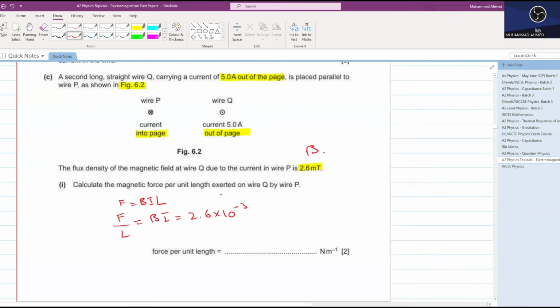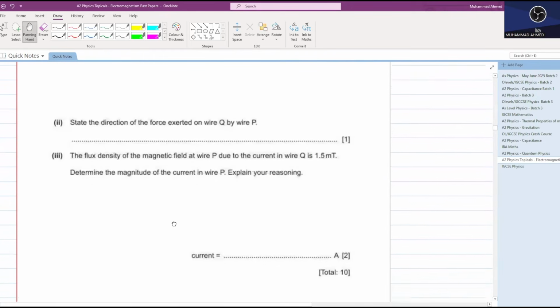And what current value will you be choosing here? Your current value will be the current in wire P, 5 ampere. Can anyone tell me what this force per unit length comes out to be? 0.013 newton per meter. Simple as that. Let's further move ahead.